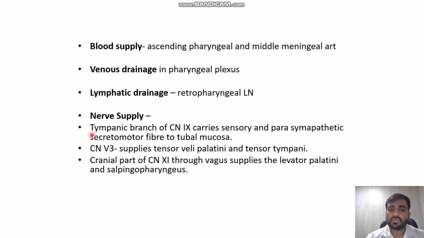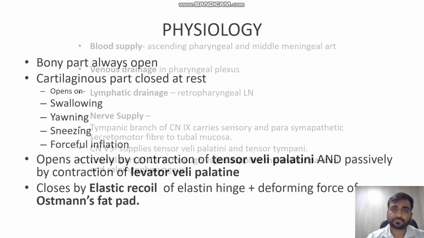The tympanic branch of the ninth cranial nerve carries sensory and parasympathetic secretomotor fibers to the tubal mucosa. The third part of the fifth cranial nerve, the trigeminal nerve, supplies the tensor veli palatini and tensor tympani muscles, and the cranial part of the ninth nerve through the vagus nerve supplies the levator veli palatini and salpingopharyngeus muscles.